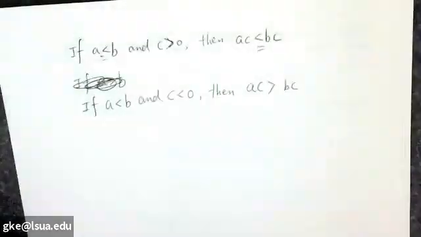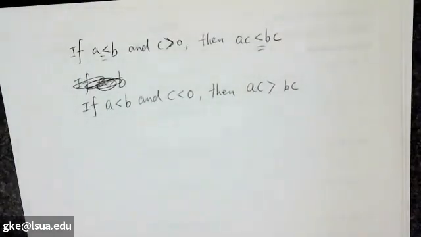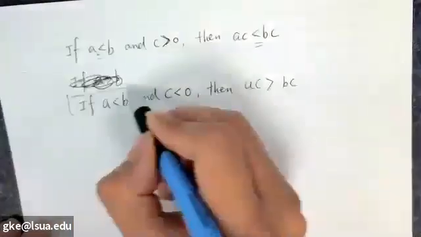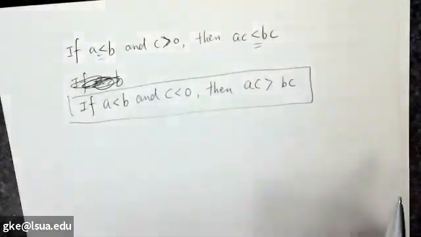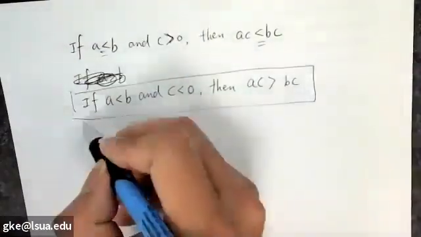Change the sign. Good job, you know it. That's the most important thing. If you multiply both sides by a negative number, the inequality changes. I'm pretty sure some of you are going to make a mistake on this one.